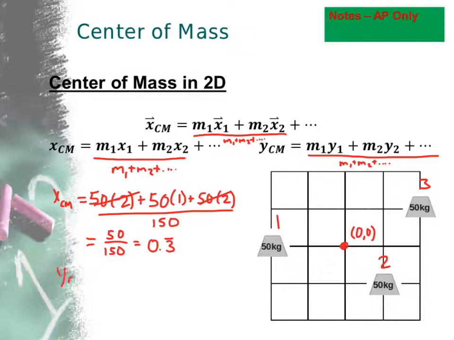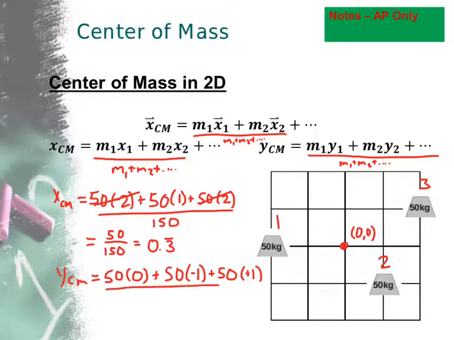Now I have to figure out what the y-coordinate is. So y center of mass. Okay, so for mass 1 we are at 0 y-coordinate. For mass 2, we are at -1 for a y-coordinate. And for mass 3, we are at +1 for a y-coordinate.